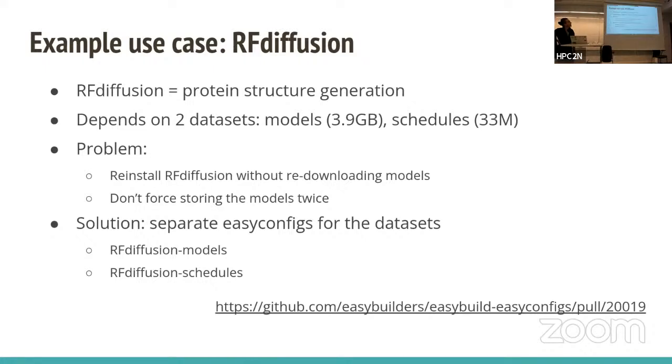So we don't want to impose on people to have it installed twice, right? But we also don't want to have to reinstall every time we want to reinstall RF diffusion, the software. So the solution is to couple this, to have separate easy configs for the data sets. So that was done in this PR.